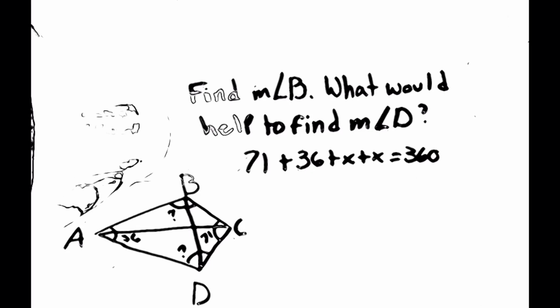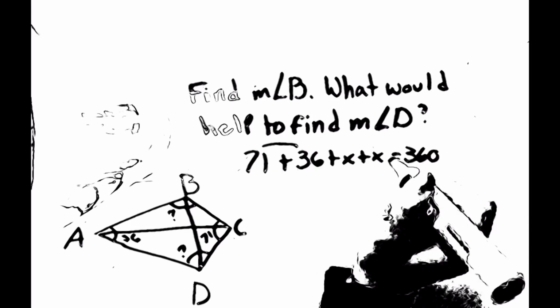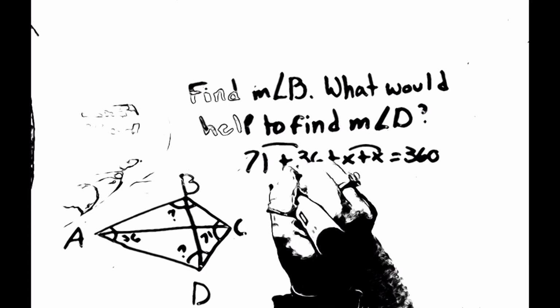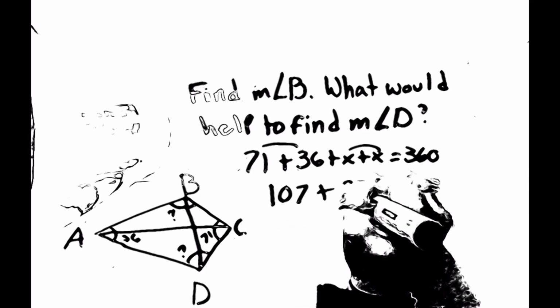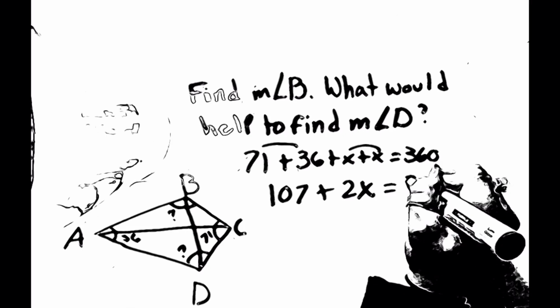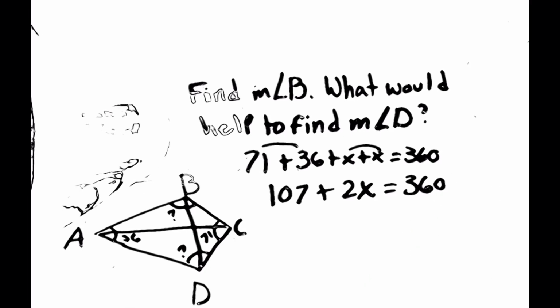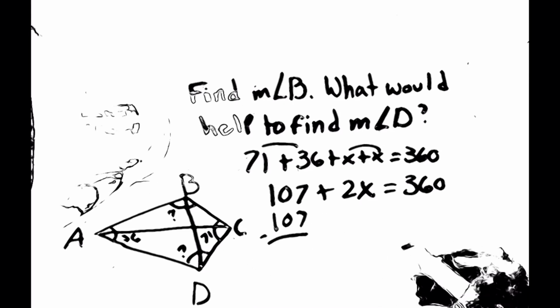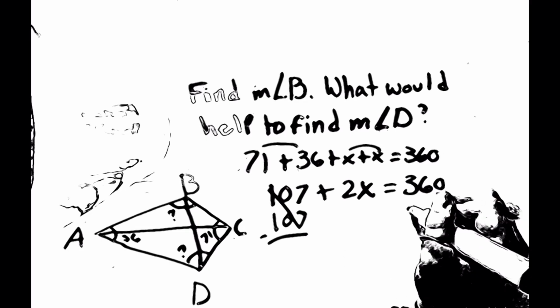Now we combine the like terms. Which the new equation would look like this. Now we subtract 107 from itself, which cancels it out.